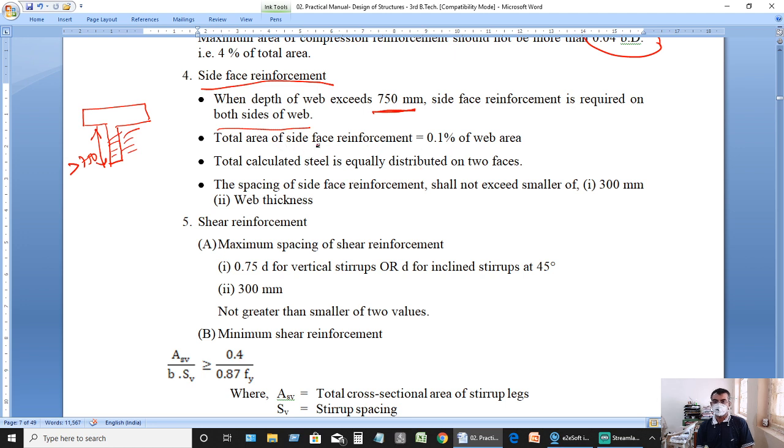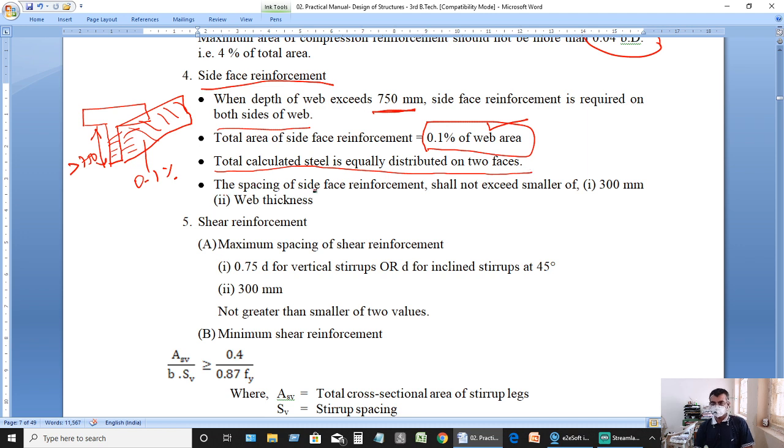The total area of side face reinforcement is 0.1% of the web area. The total calculated steel is equally distributed on the two faces.